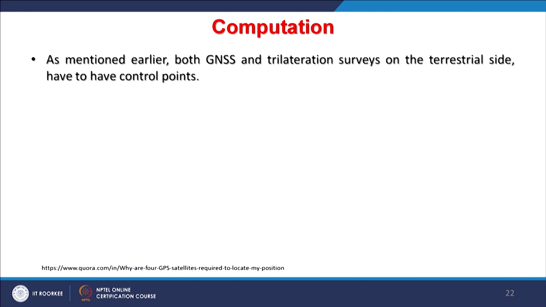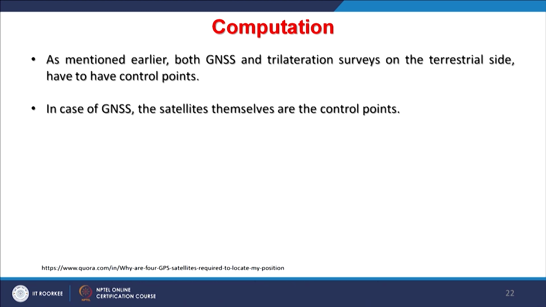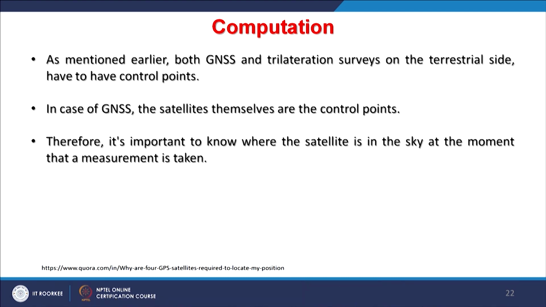As also mentioned earlier, both these systems, GNSS and trilateration surveys on the terrestrial side, have to have control points, and there are control points in the satellites. Therefore it is important to know where the satellite is in the sky at the moment the measurement is taken.